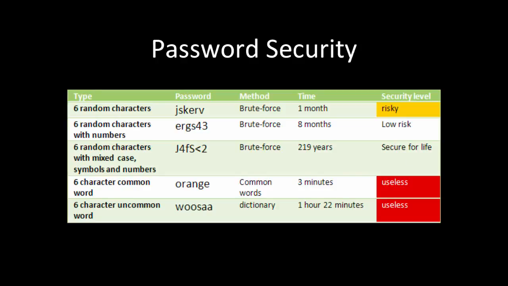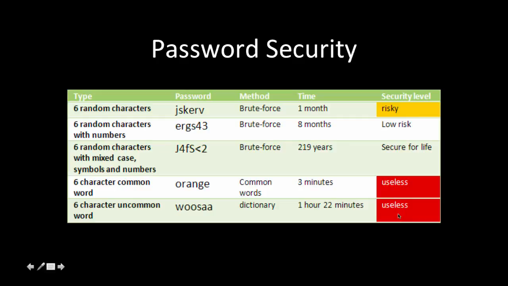So that's great. If we do a 6-character common word like orange, that's going to get guessed in about 3 minutes, so it's useless. And if we have a 6-character uncommon word, so this is a word, but not one that people normally would use, a dictionary attack would find that, and it would take about an hour and 22 minutes, also useless.